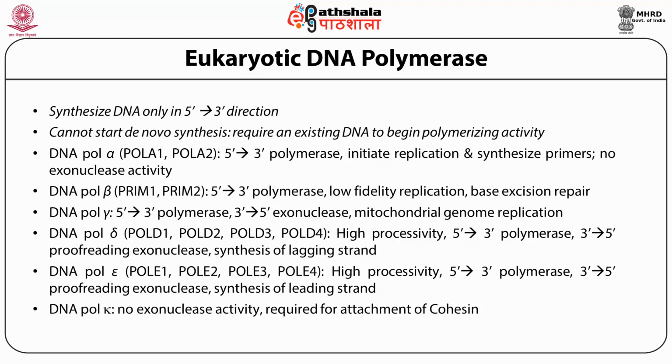Pol delta shows high processivity 5' to 3' DNA polymerase activity and 3' to 5' proofreading exonuclease activity, and is mainly involved with synthesis of lagging strand. Pol epsilon again is a high processivity 5' to 3' polymerase showing 3' to 5' proofreading exonuclease activity, mainly involved with synthesis of leading strand. Pol kappa does not have any exonuclease or polymerase activity so far, but is required for attachment of cohesin.